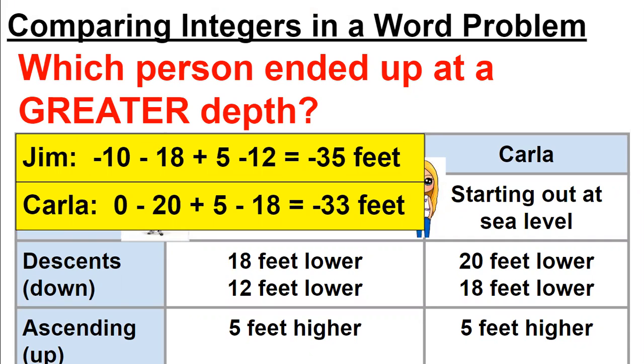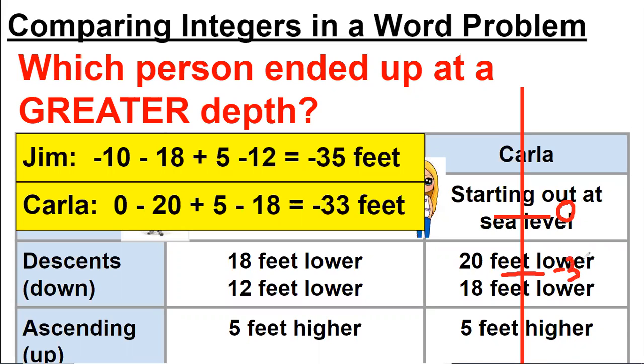It says, which person ended up at a greater depth? Which one was deeper under the water? So again, let's draw for a second right here. Let's draw where our numbers are vaguely. Here's 0. And negative 33, maybe like here.